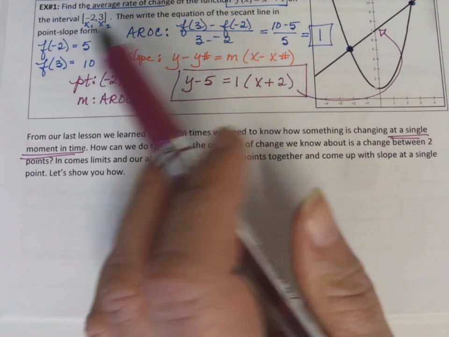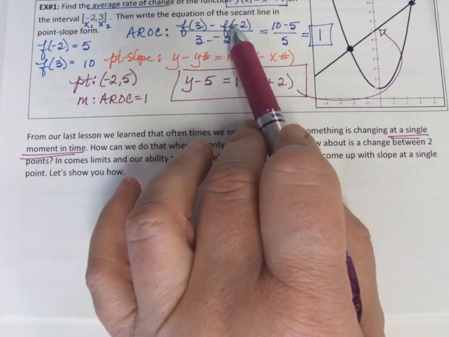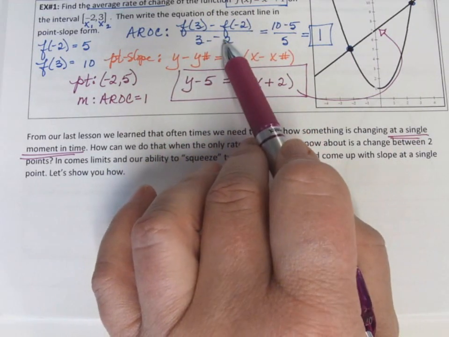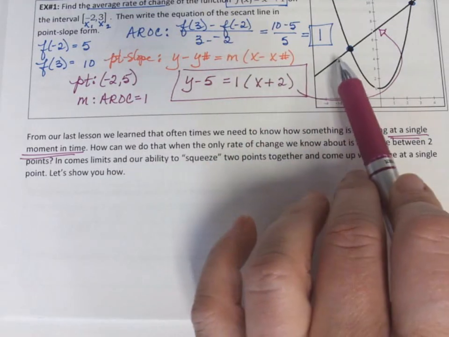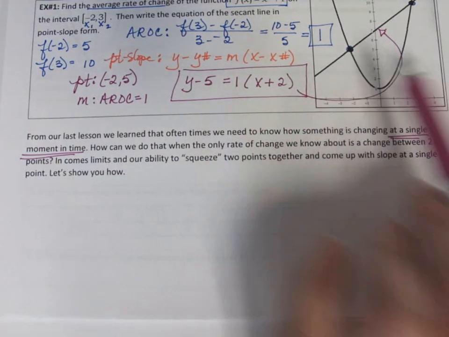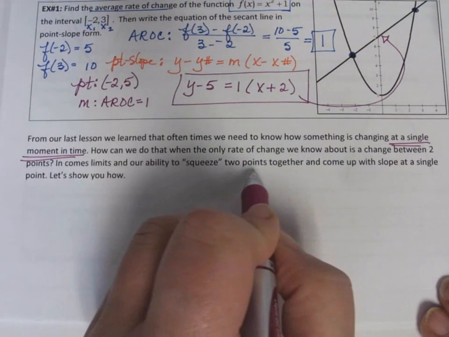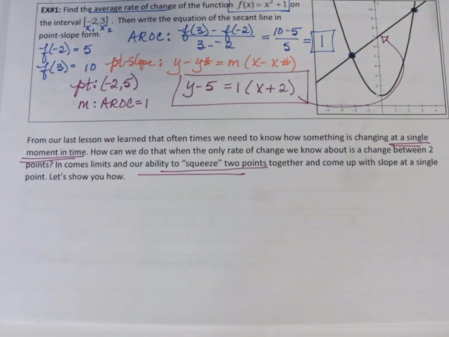Well, remember our average rate of change formula is a difference. It's the difference between the y values and the difference between the x values. Well, if we only have one x and one y value, what are we finding the difference on? Okay, so this is where limits come in, and it gives us the ability to squeeze 2 points together.